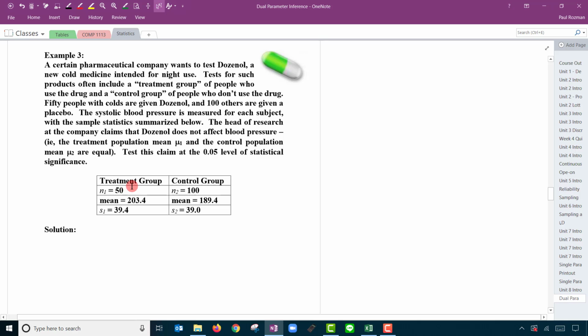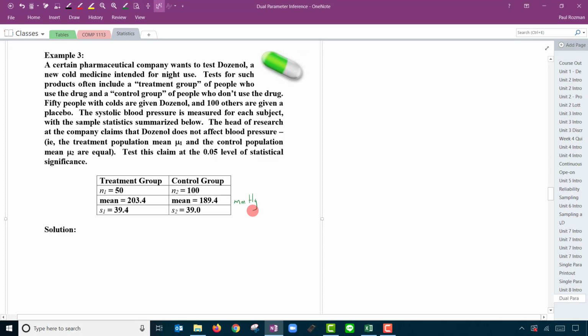So 50 people got the drug, and I tested their systolic blood pressure, and the mean turned out to be 203.4 millimeters of mercury. And I tested 100 people that were getting just a sugar pill or something that didn't actually do anything to blood pressure, and their mean systolic blood pressure was 189.4 millimeters of mercury.